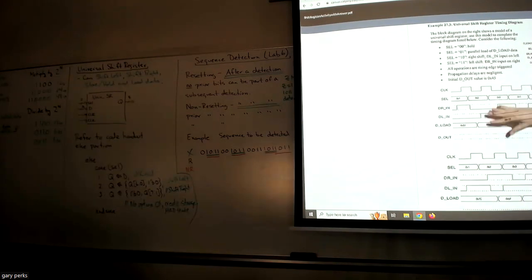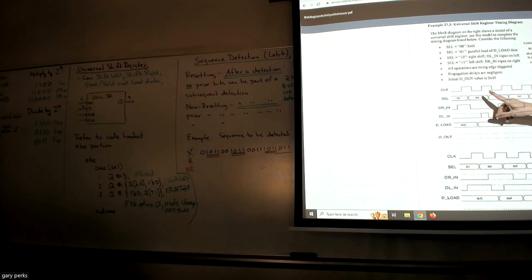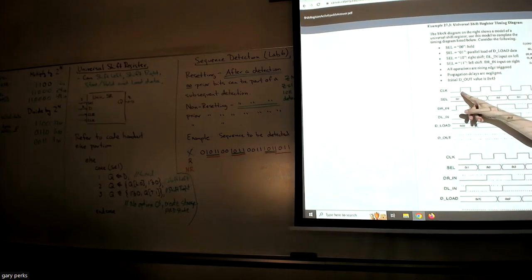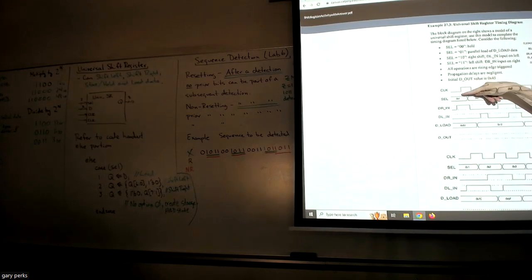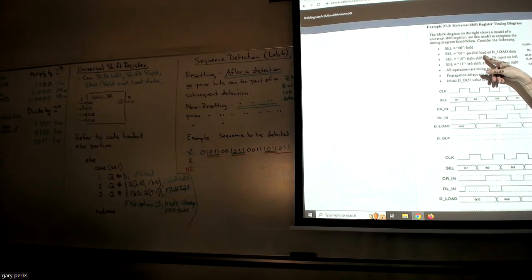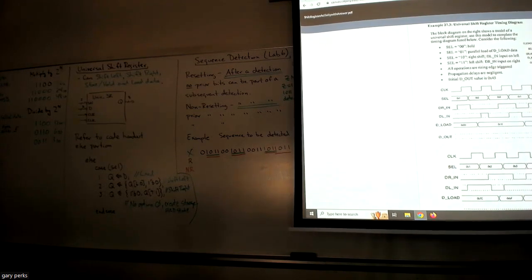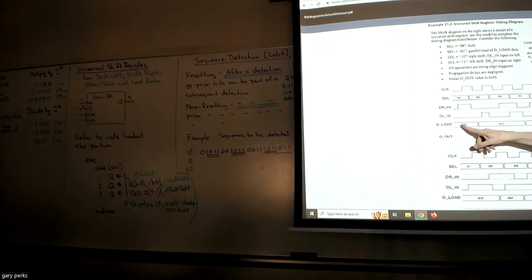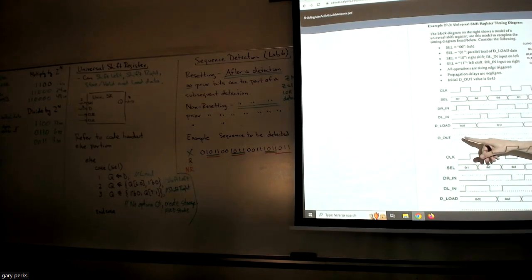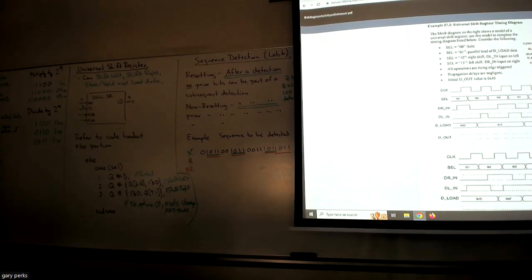So when you do these, there are 2 examples here, 2 timing diagrams. At the rising edge of the clock, first you have to look at what the select is, because that tells you what operation it is, whether load, shift right, shift left, or hold. Then you figure out what your output would be at that point.